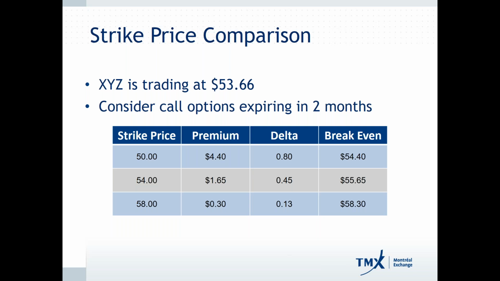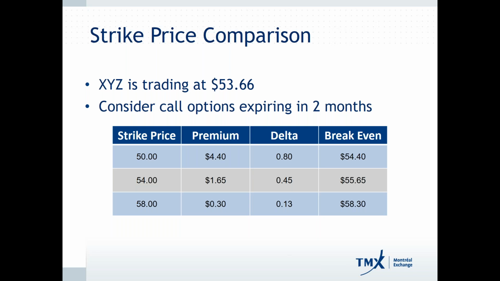Notice your break even on the $50 strike, right? It's $54.40. So you have a $54.40 break even. Now, one investor might turn around and say, well, you know what, $4.40, that's too much for me to pay for a call option. I want to buy the cheaper one. So the next investor chooses the $54 strike, right? In choosing the $54 strike, what they're securing is a contract that gives them the right to purchase the shares at 54.